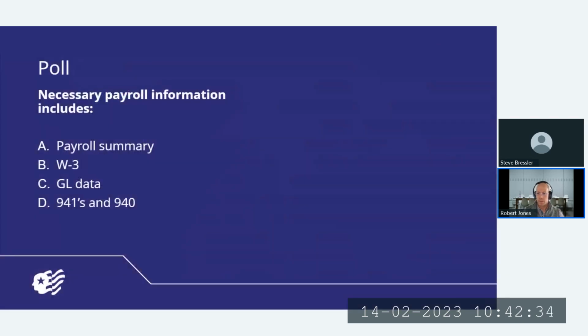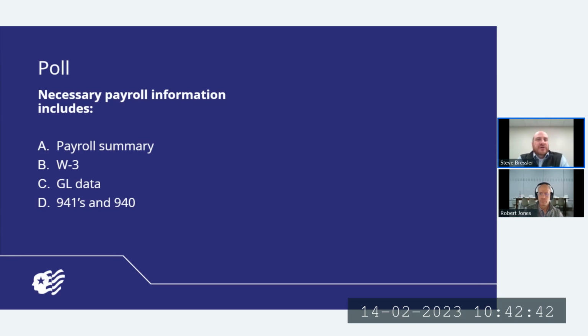All right, with that, we've got our third polling question. So let me launch that for Steve here. Okay, our third polling question. Necessary payroll information includes, and then there's 4 options: payroll summary, W-3, GL data, or 941s and 940.